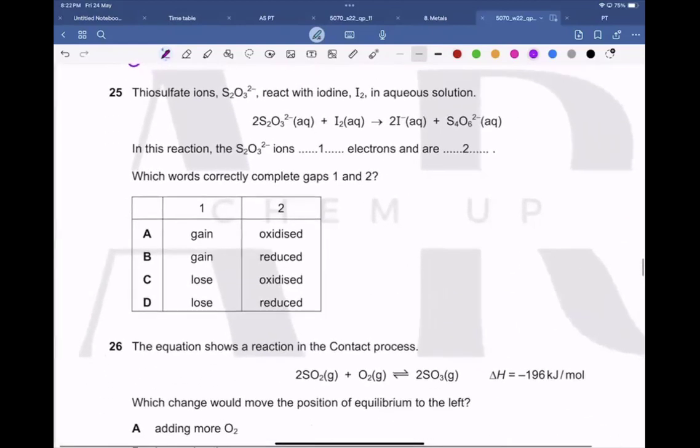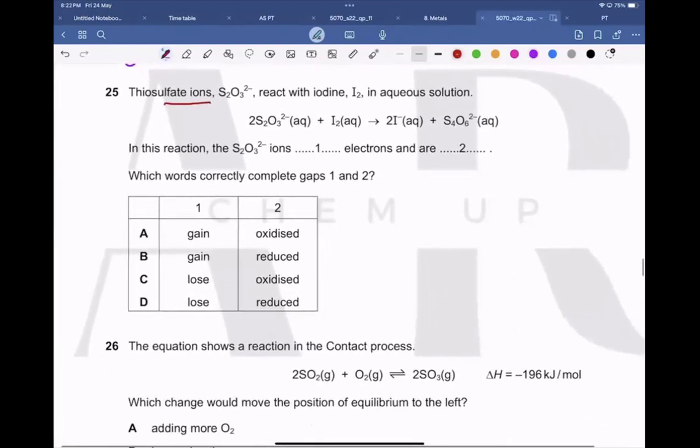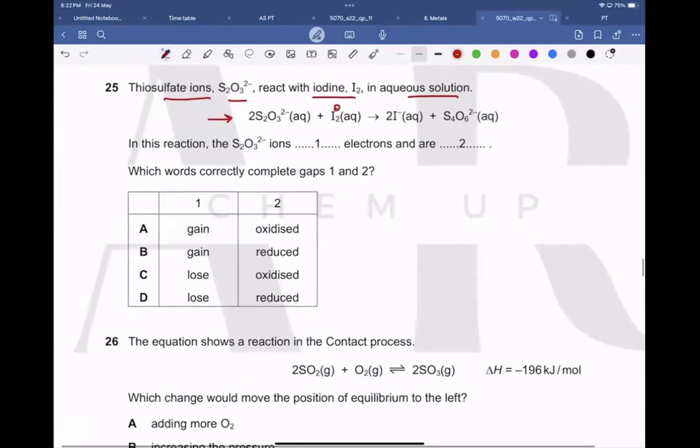Okay. Now question number 25. Thiosulfate ions react with iodine in aqueous solution. Here we have the equation. Electrons, and if you see iodine goes from 0 to -1, so it means electrons are gained. So iodine is being reduced, which means gain of electrons.